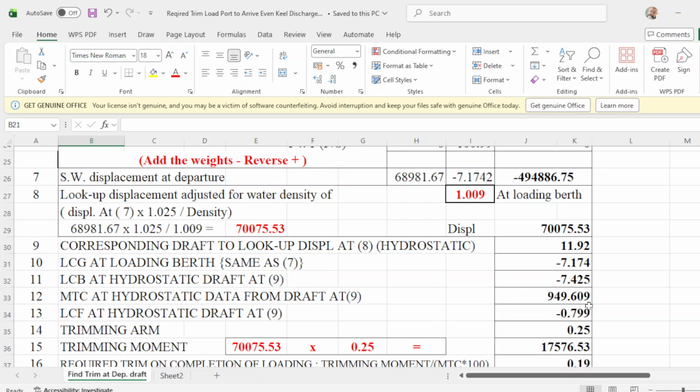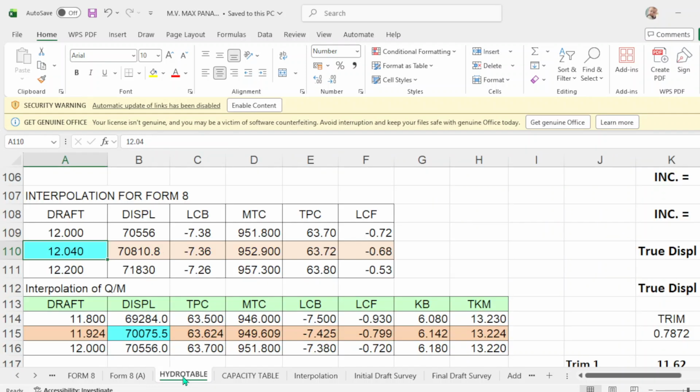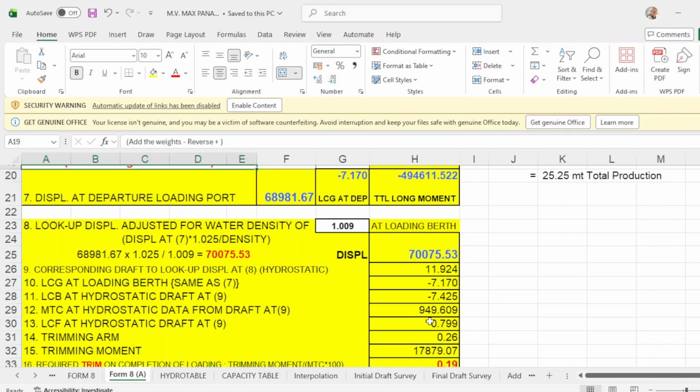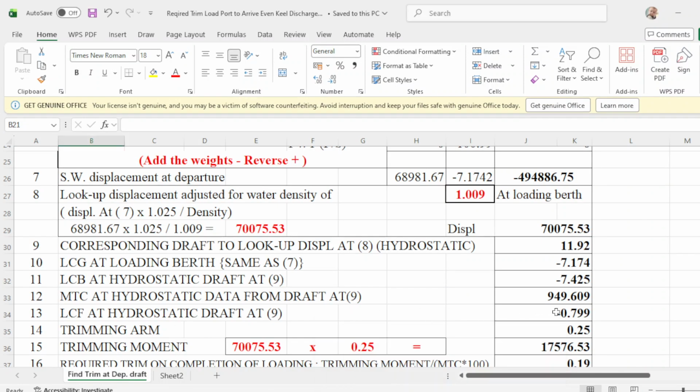The MTC with this draft is 949609. MTC is 949609, and manual MTC is 949609.